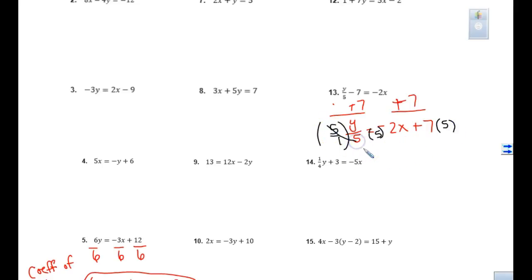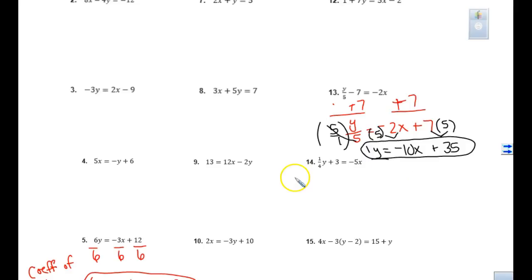These 5's cancel, and I've got my goal, 1y. The next one, Carmen, what am I going to get when I multiply? Negative 10x. Keep going, Maddie. When I multiply the 7 and 5, I'm going to end up with 35. I'm done with the question. I got 1y equal.